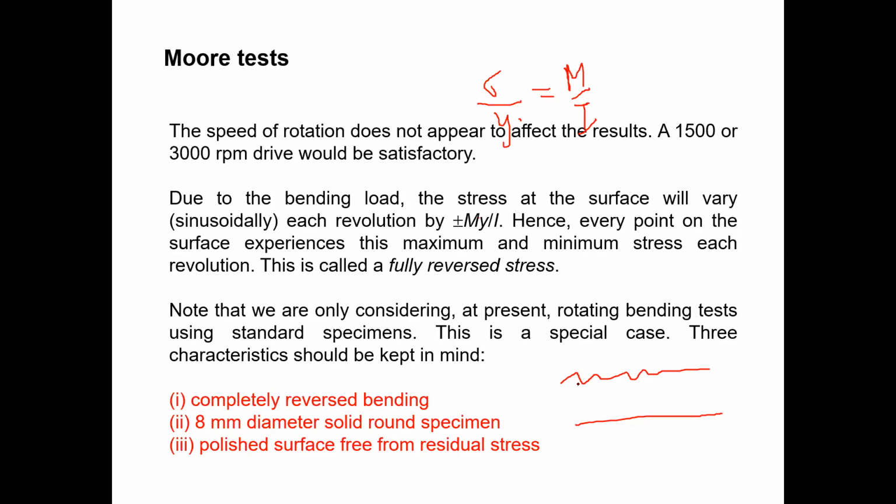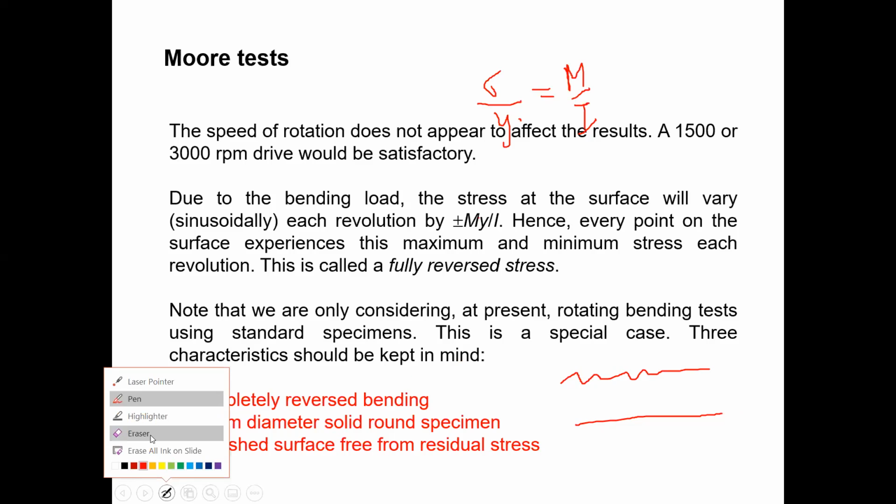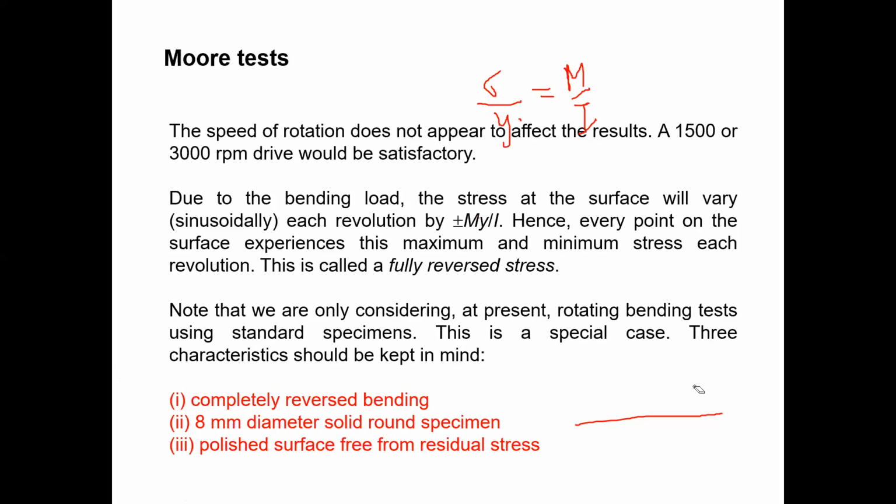So a crack will be initiated with this kind of wave. That's why we need to eliminate this kind of surface by polishing and put a mirror polished surface to reduce the residual stresses. So are we clear about that? Until that point, do you have any questions?